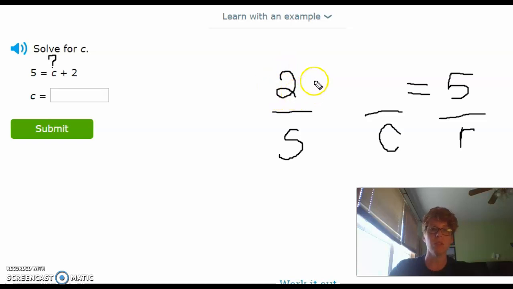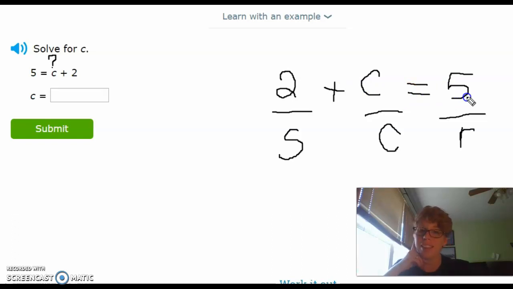So 2 plus C. Do you see the C? This could be confusing. Do you see how I'm just flip-flopping the equation over here? I have 5 on one side of the equal sign, and I have it over here. And then I have C plus 2, and I have it over here, just in case you're getting confused about that. So in this word problem, 2 plus something equals 5.